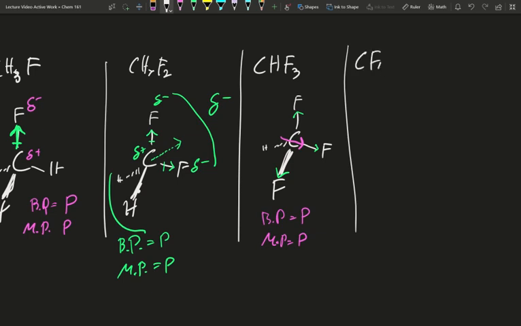My final one, CF4. Carbon, fluorine, fluorine, fluorine, and fluorine. Well, in this case, my in and out cancel. So the going away and coming towards us, they're both moving this way. So one of these is going away and to the left. One of these is coming out and to the left. The net result is I'm still in the plane. I'm neither in nor out, but I have moved left.